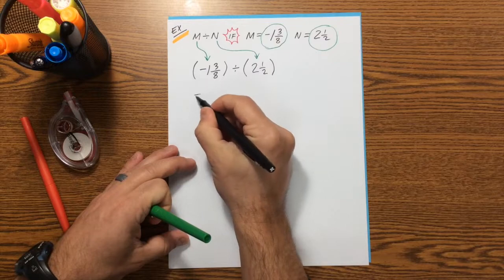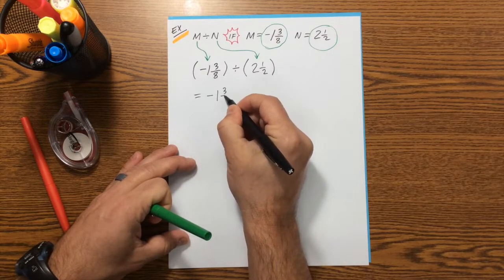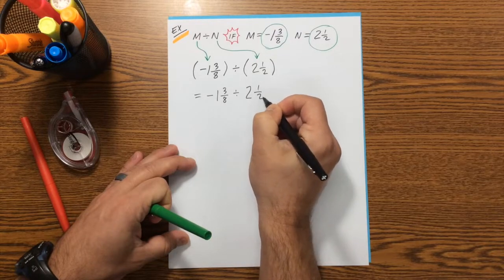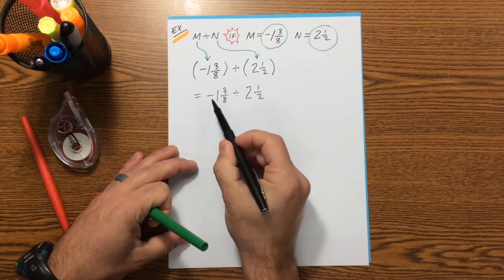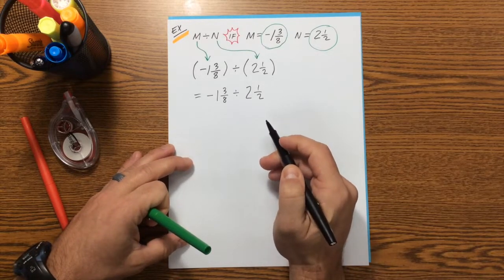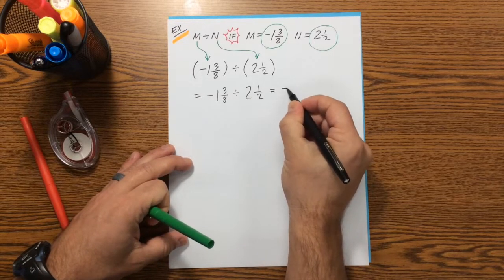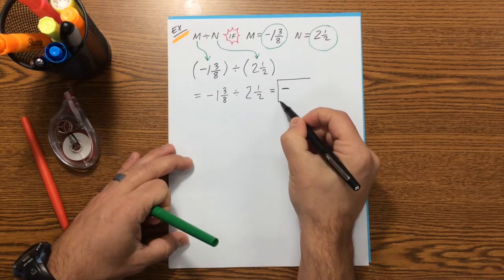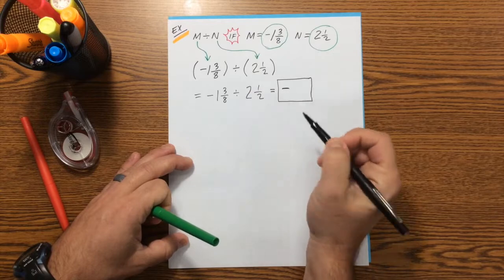All right, so we have our division problem. And we know our answer is going to be negative because a negative divided by a positive is always negative. So I'm going to go ahead and just do this here just to remind myself what our solution is going to be, that it is going to be negative.